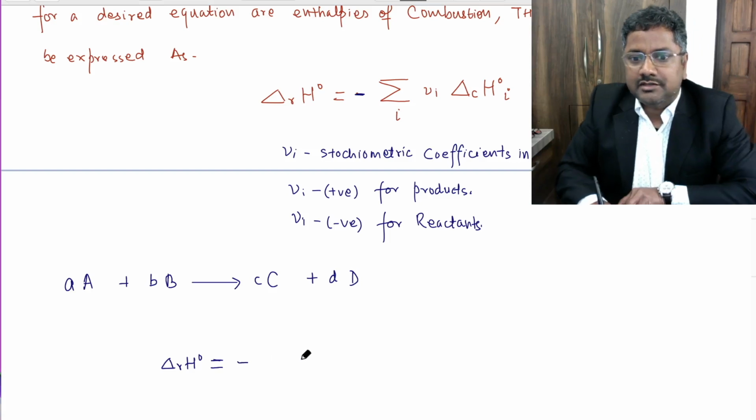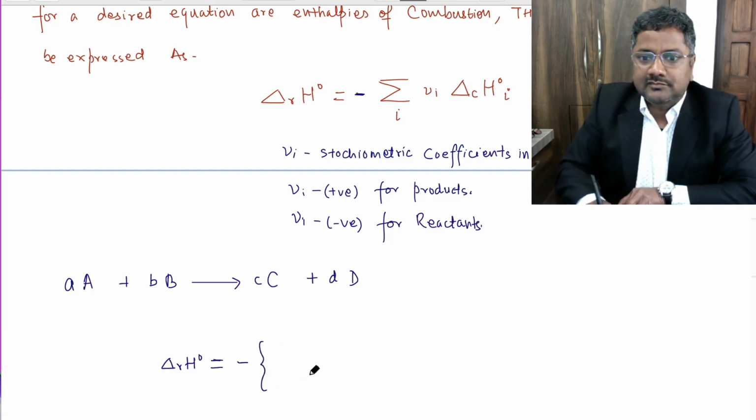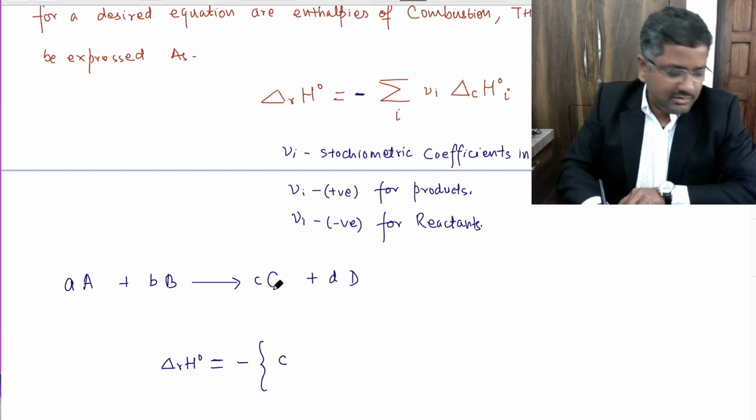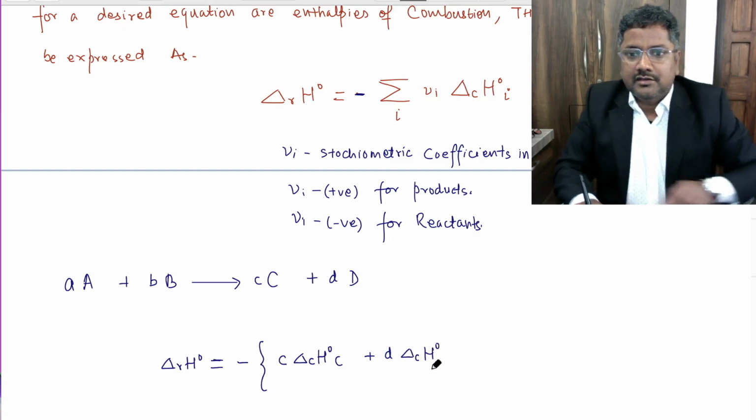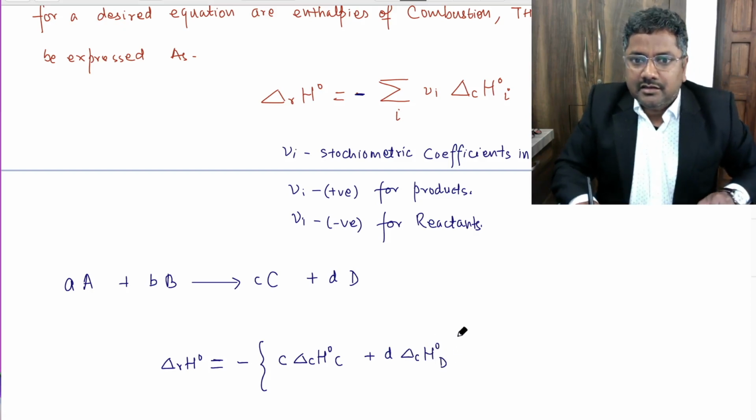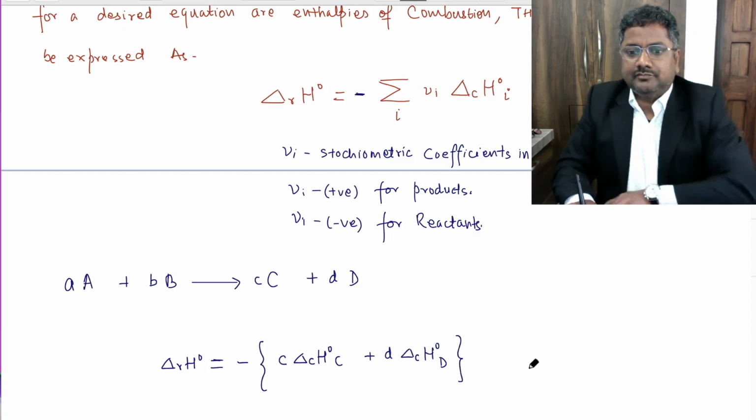You have to put a negative sign first, and c times, this is the coefficient, positive for product, so I am taking first the product, c, delta H naught combustion for C, plus this d, because this is also positive, delta H naught combustion for D. Now this bracket closes, right?